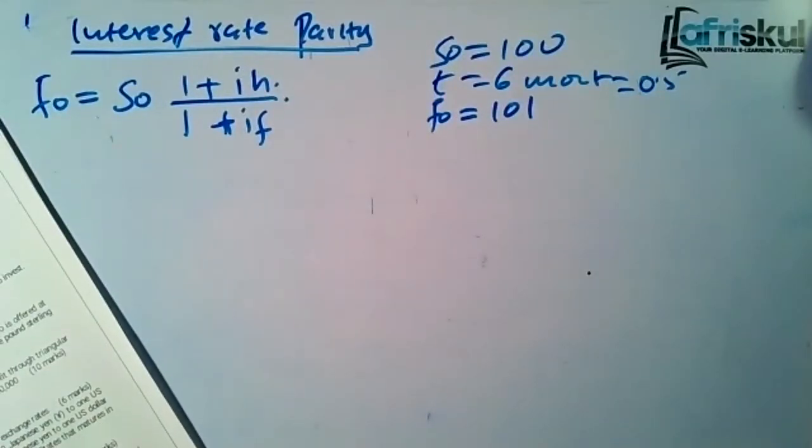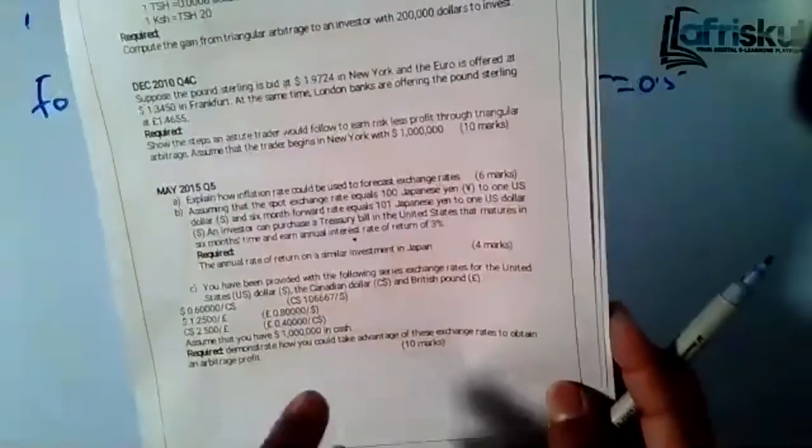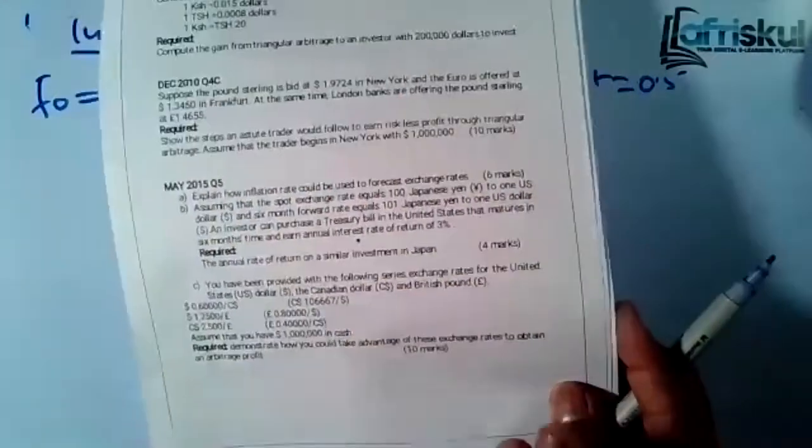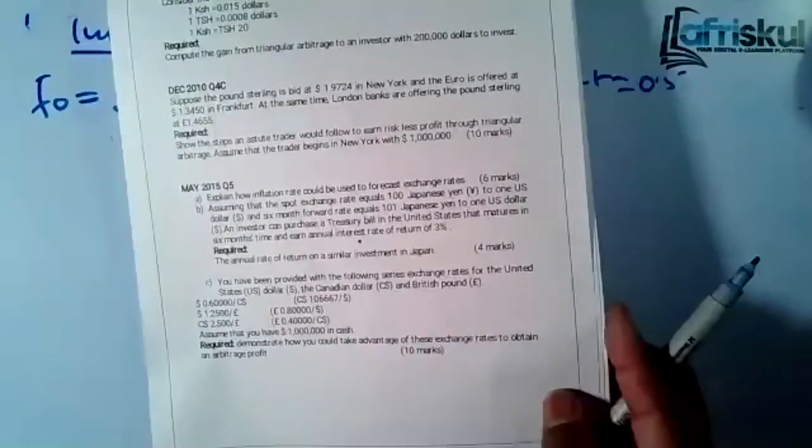An investor can purchase a treasury bill in the United States that matures in 6 months and earns an annual interest rate of 3%. That one is given for the US. Remember, the spot exchange rate is 100 Japanese yen to US dollars, and the forward rate is 101 yen to US dollars.